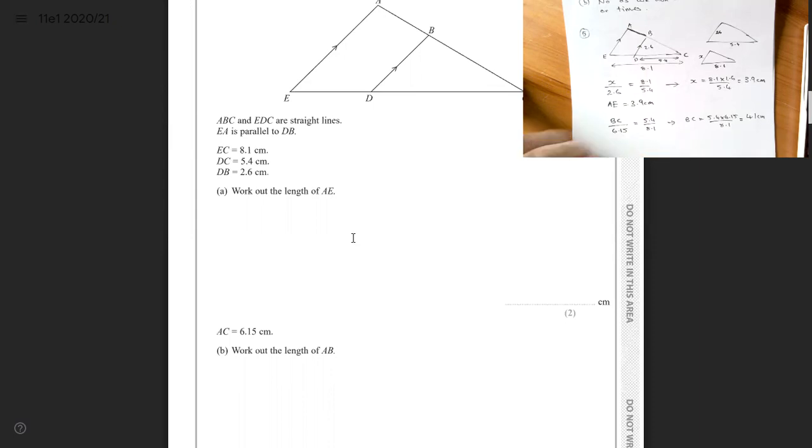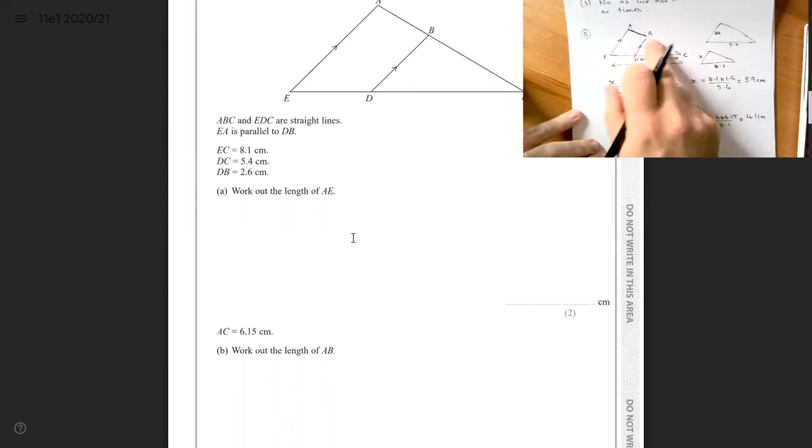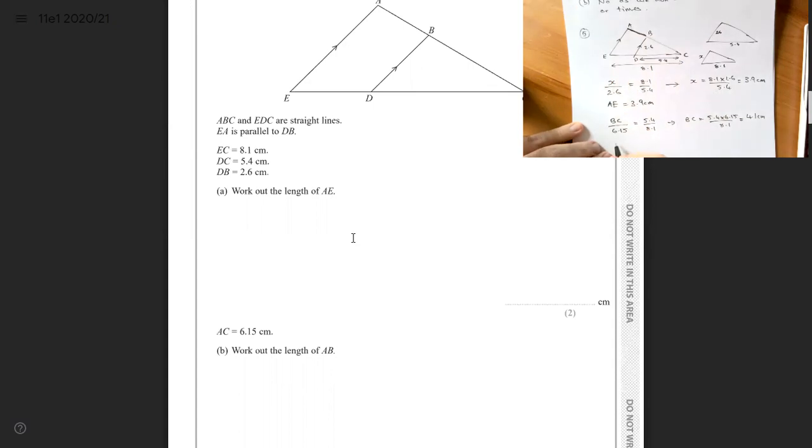So we know that BC is 4.1, we know AC is 6.15, so 6.15 minus 4.1 equals 2.05 centimeters. Okay, so AB is 2.05 centimeters.